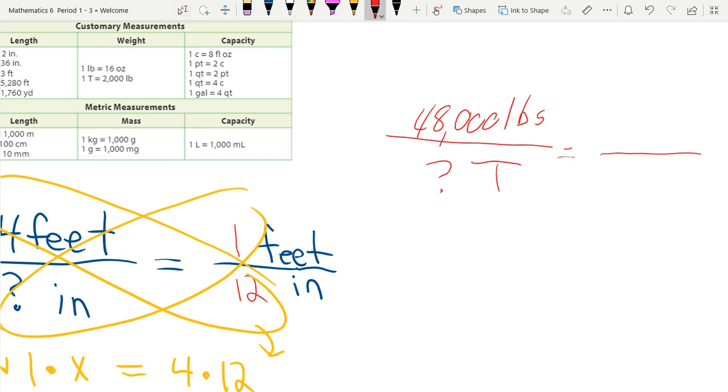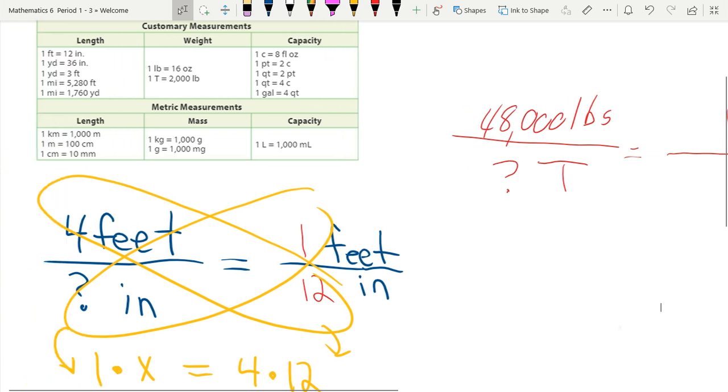First thing I do is write my equation, the right side, with the labels exactly the same way. Pounds to tons, pounds to tons. On the left side, pounds to tons. On the right side, pounds to tons.